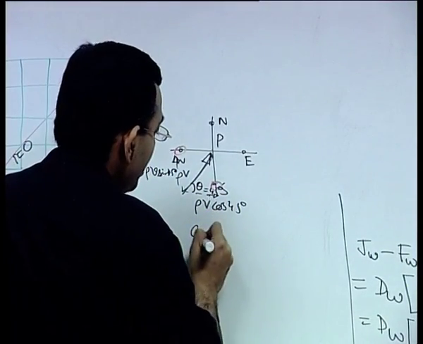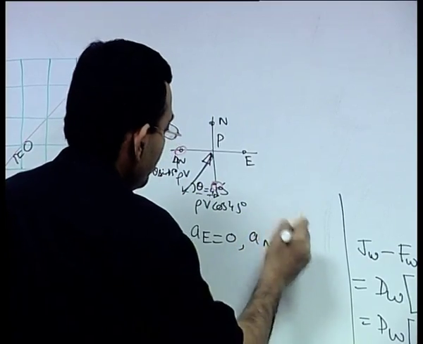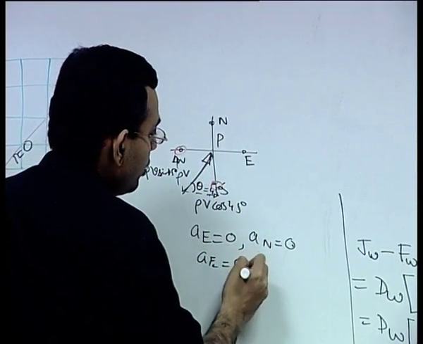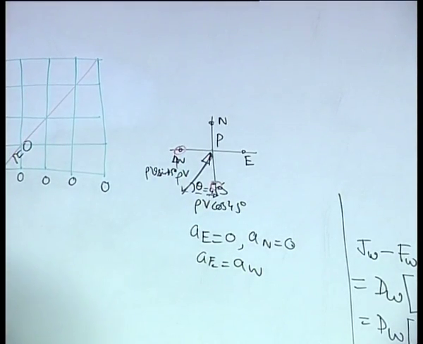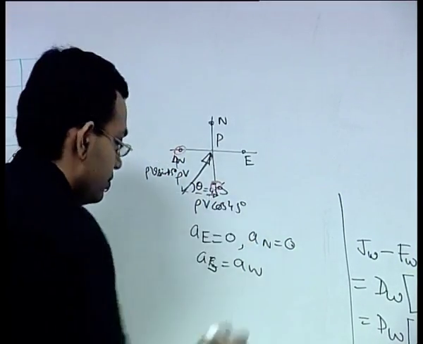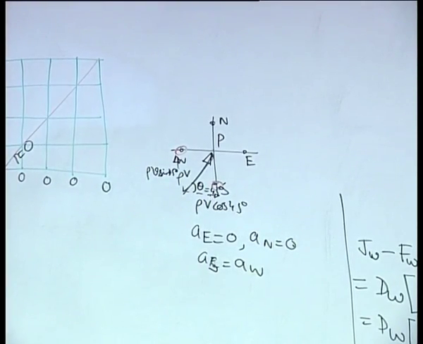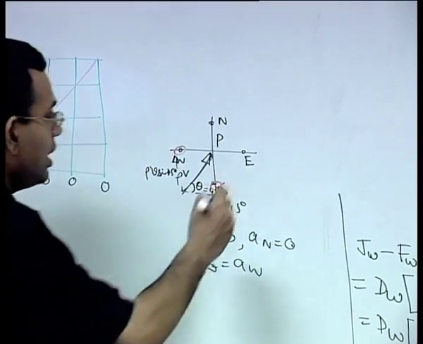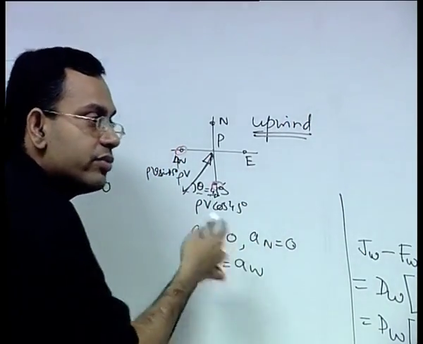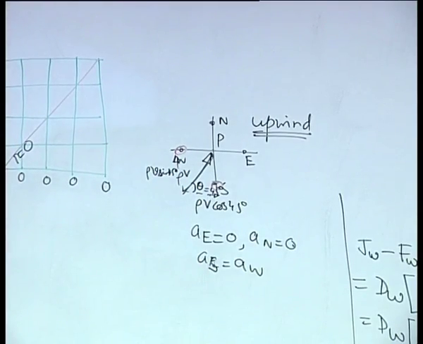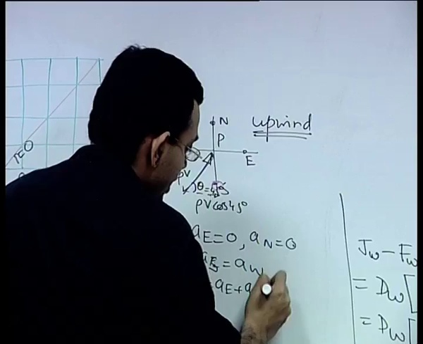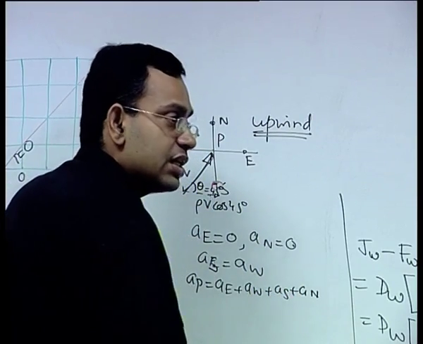So you have AE equal to 0, AN equal to 0, because cos 45 degree and sin 45 degree are the same, you have AS equal to AW. Remember, we are using the upwind scheme. Instead of using the formula, we are directly using the concept of the upwind scheme to do it quickly. Then AP is equal to AE plus AW plus AS plus AN, considering a steady state problem.